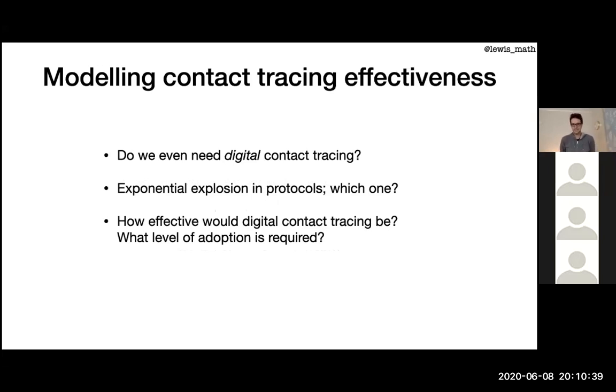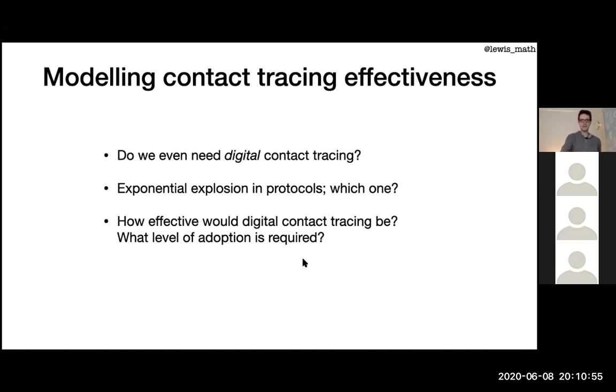There are also completely decentralized methods coming out of Europe, and a range of different ways of doing digital contact tracing. So, which one should Australia choose?